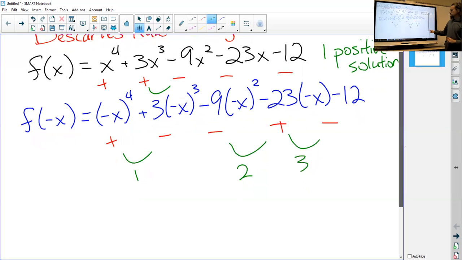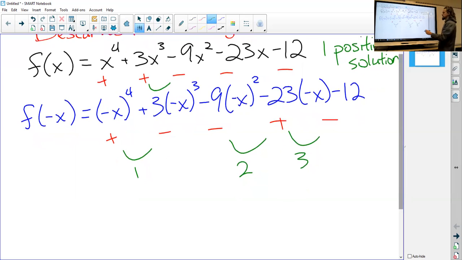Okay, this is where it gets a little weird. So we say there are potentially 3 negative solutions. But without getting into too much detail, I'll tell you that answers come in pairs.